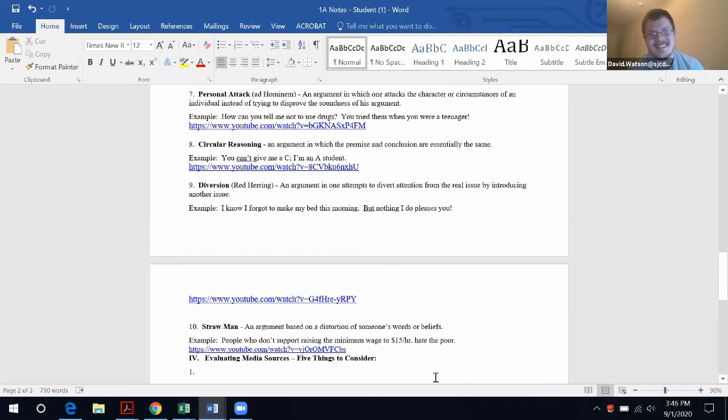So the last fallacy is straw man. It's an argument based on a distortion of someone's words or beliefs. For example, people who don't support raising the minimum wage to $15 per hour hate poor people. If you don't support raising minimum wage, you could have a lot of different reasons for that.